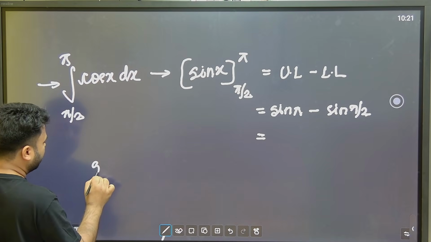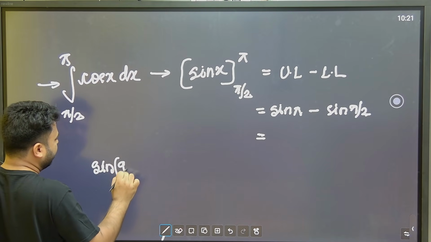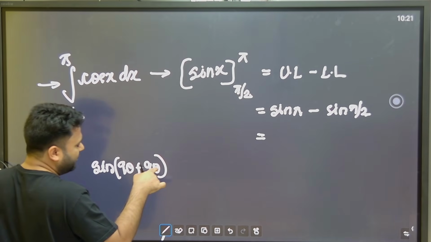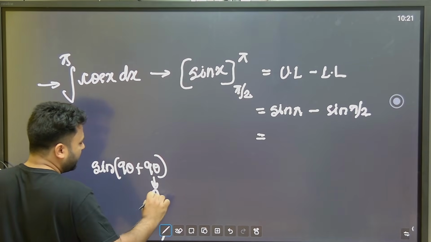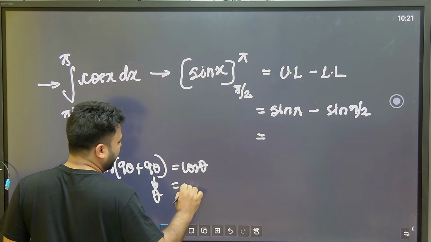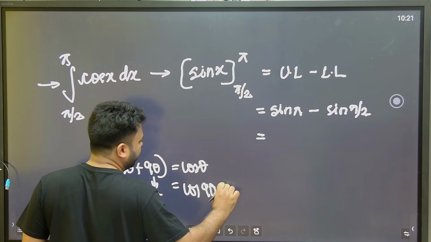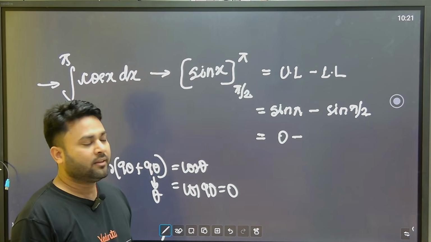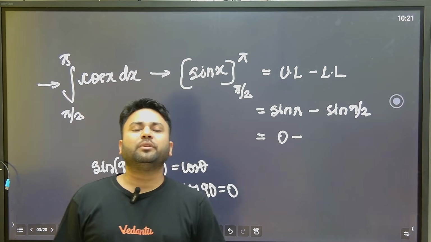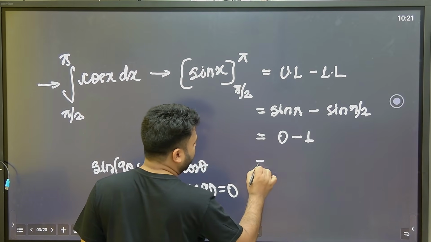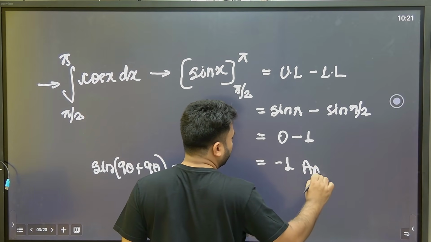Can you write like this? Sine 90 plus 90. Sine 90 plus theta, this is our theta, will be equals to cos theta. Cos theta means cos of 90, and cos of 90 you know it's 0. So this is 0 minus pi by 2, 180 by 2, 90 degree. Sine of 90 degree value will be 1. So minus 1 will be the answer.